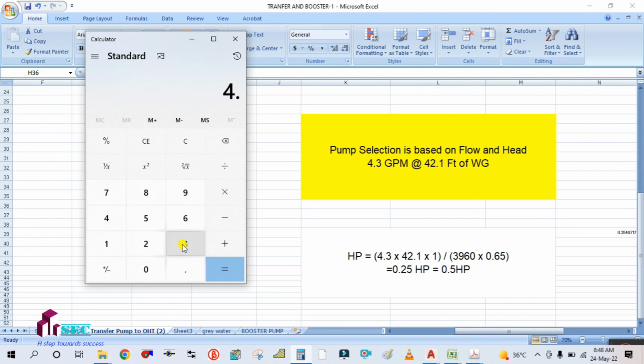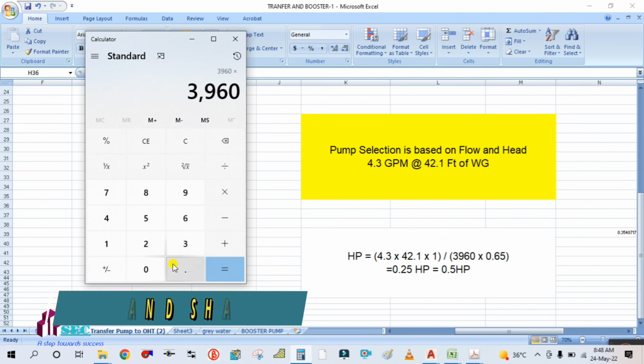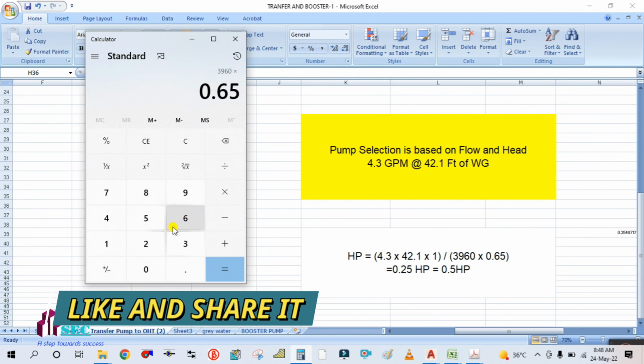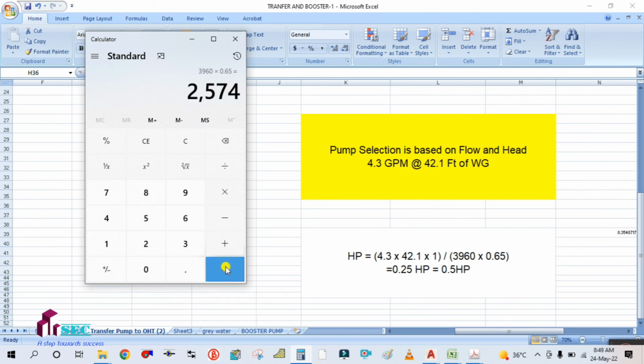So calculate this: 4.3 into 42.1 into 1. How much are we getting? 181. Then 3960 into 0.65 is 2574.